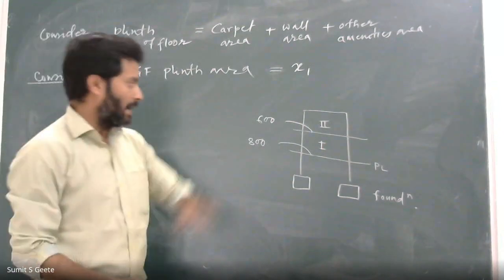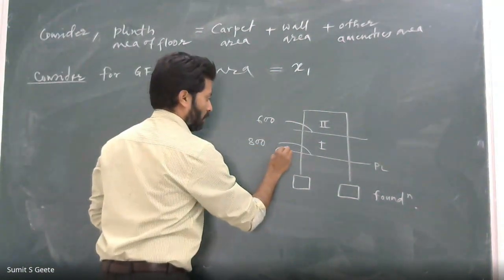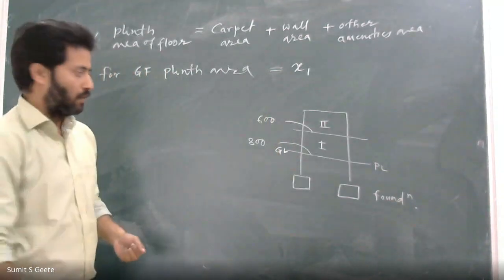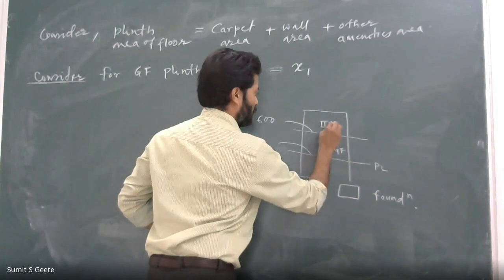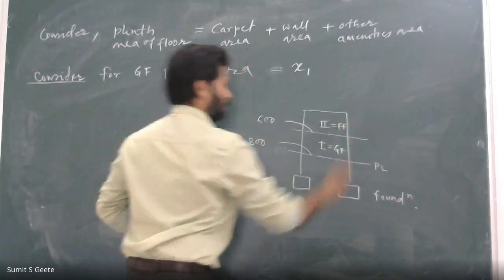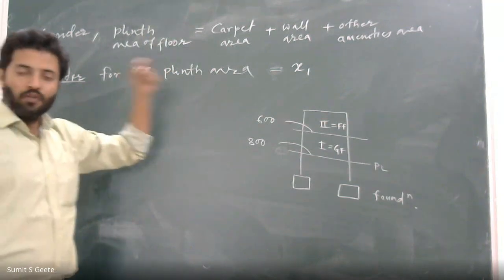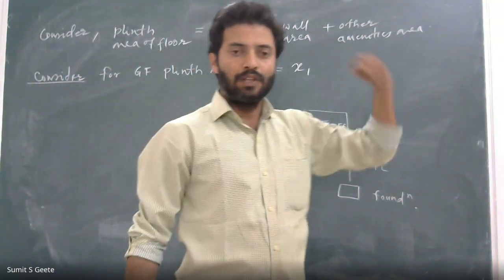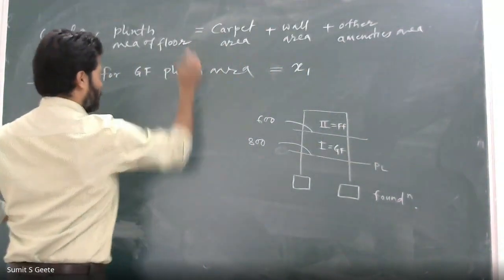What am I going to consider? I am considering the ground floor. This is my ground floor, and this one is your first floor, right? So if I consider my ground floor plinth area equal to x1, then put this value in this particular equation. So what happened?